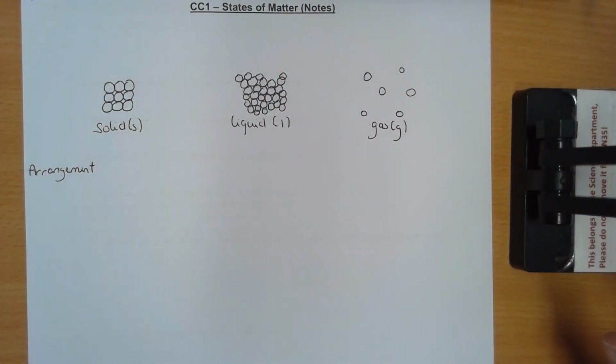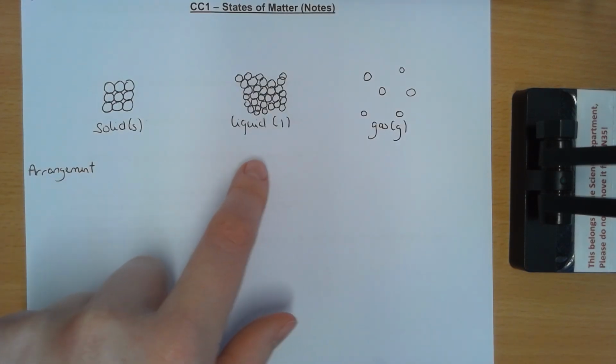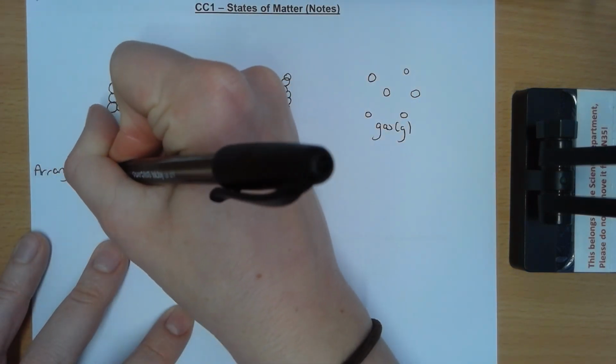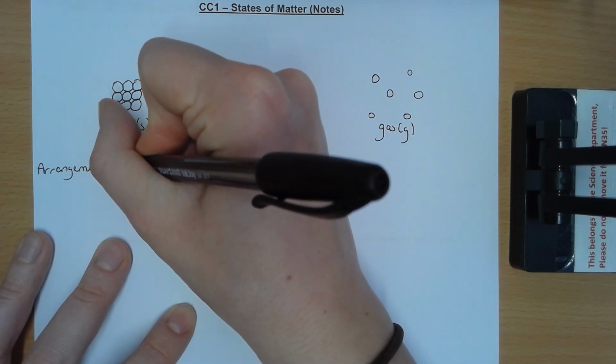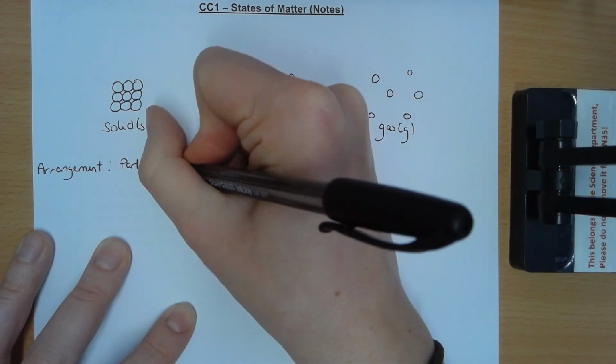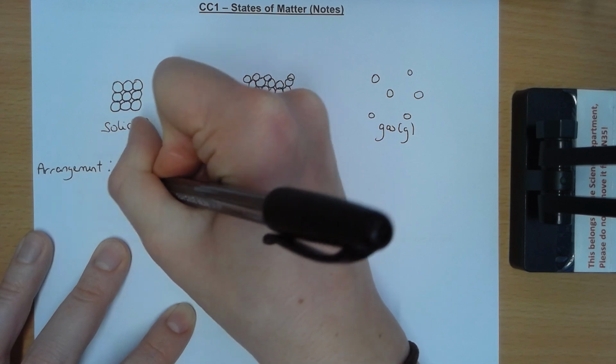Okay, so we need to be able to describe how particles are arranged. Okay, so we've drawn our pictures, but we just need to in words describe how they're arranged. So in a solid, I would say that the particles are touching. Actually, no, I'm going to say the particles are close together. Okay, they're close together.